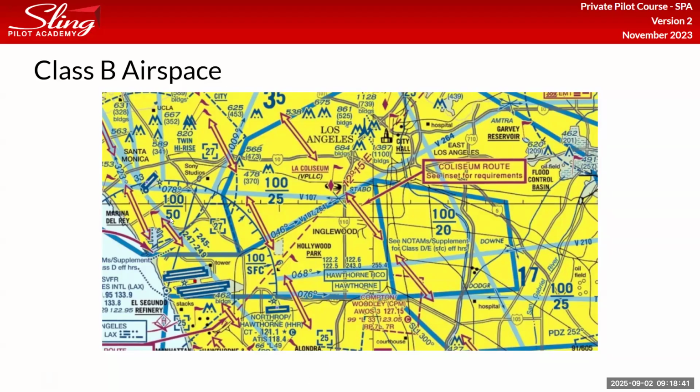I'm sure it's like 5,000 like on top here. Yeah, 5,000. If you look on ForeFlight, it's actually hard to find.